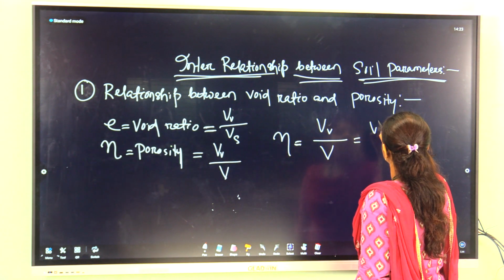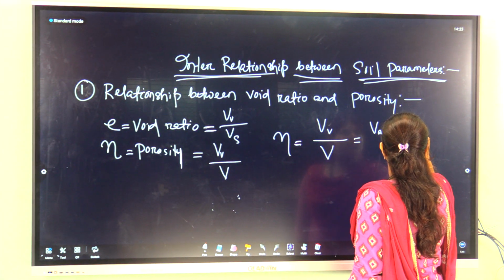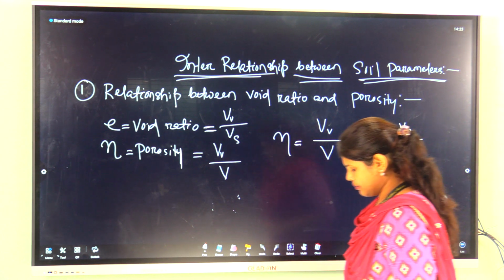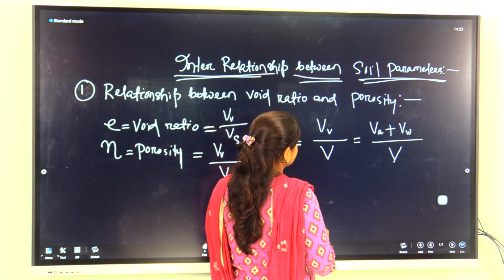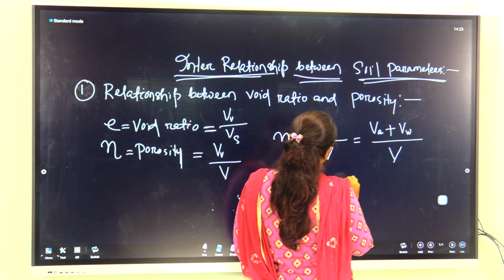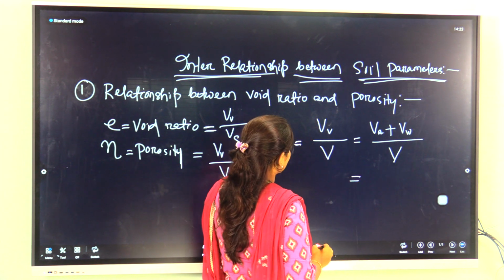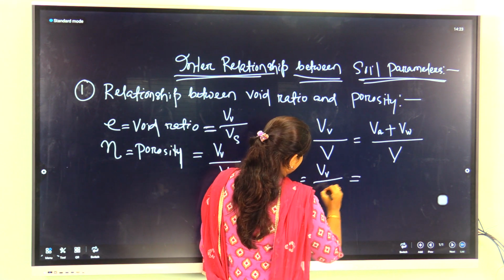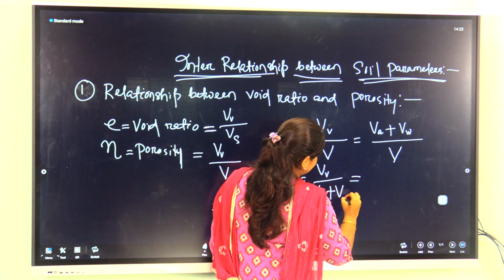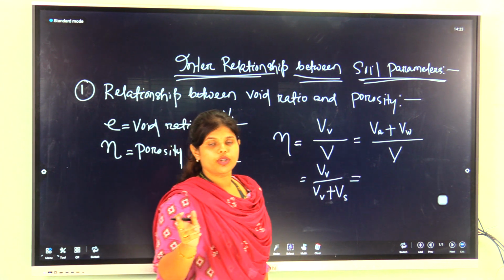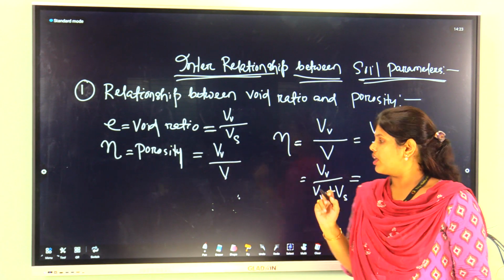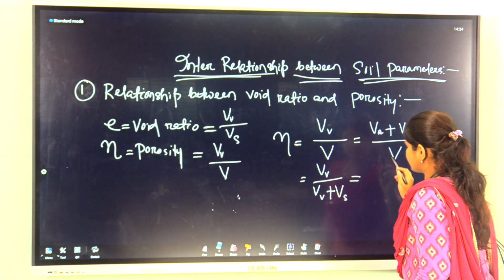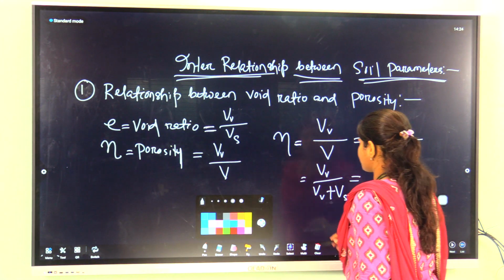So, it will become Va plus Vw divided by total V. Also, we can write it as Vv by Vv plus Vs, because total volume is also volume of void plus volume of solid. This is also one point and this is also one point.